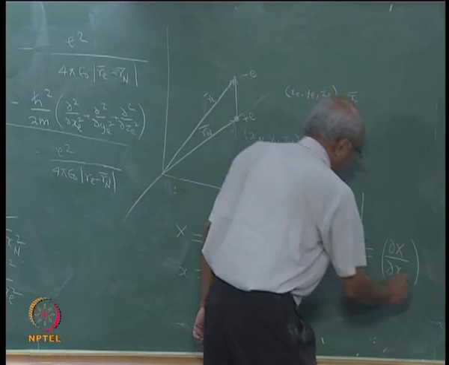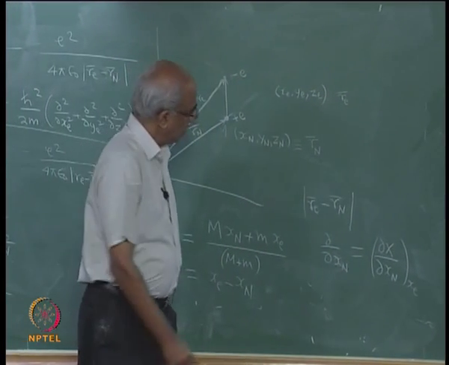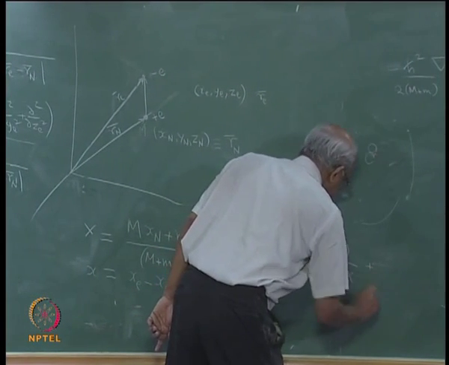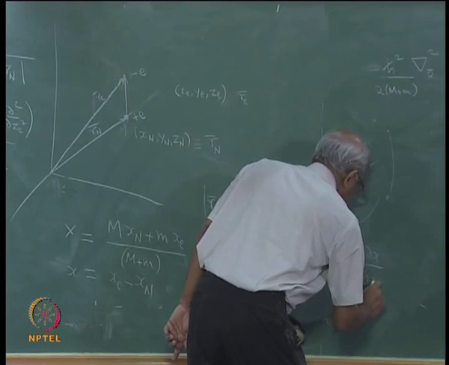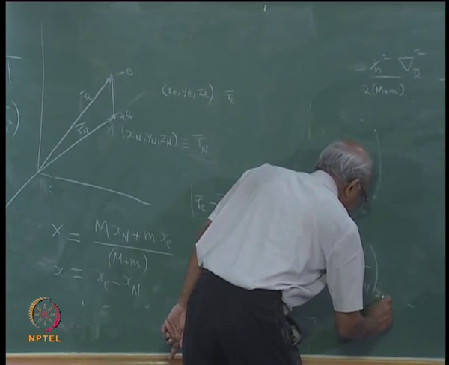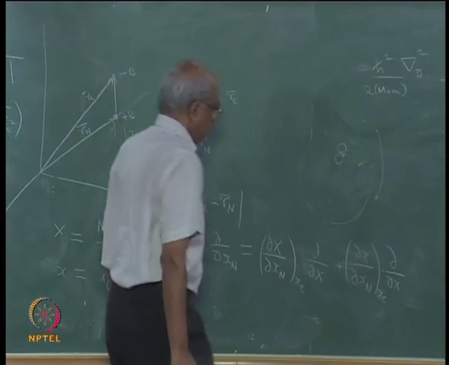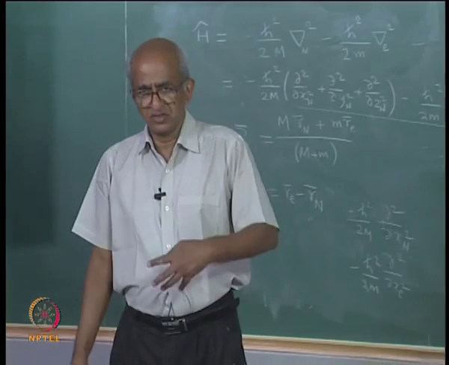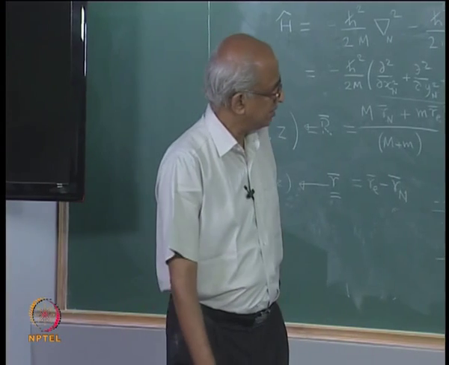So, I will have dou capital X by dou x n with x e being kept constant into dou by dou capital X, plus dou small x by dou x n with x e being kept constant into dou by dou small x. So, this is what the mathematician will tell you. This is his rule for changing variables as far as partial derivatives are concerned.